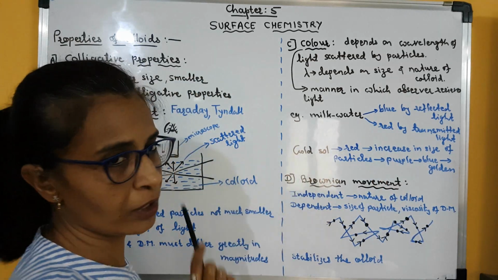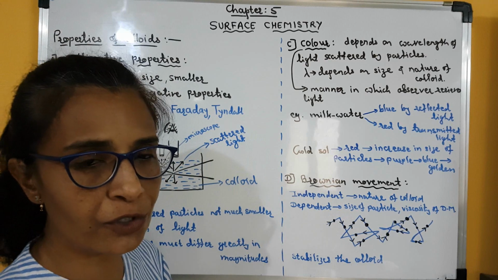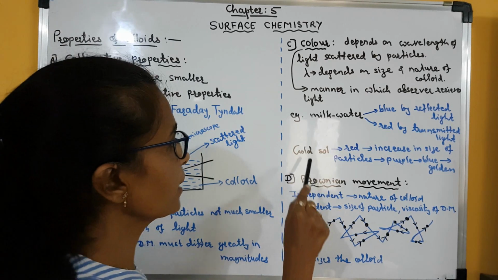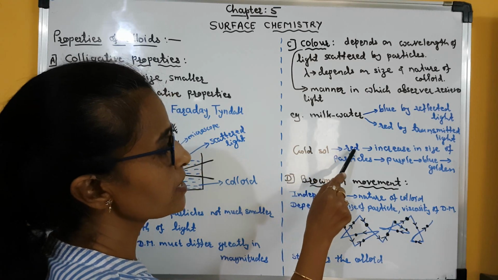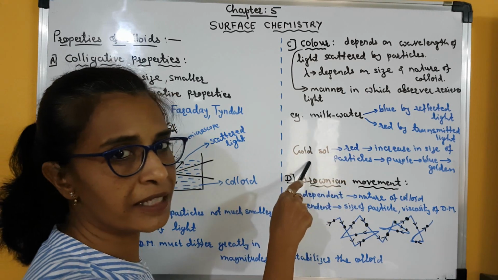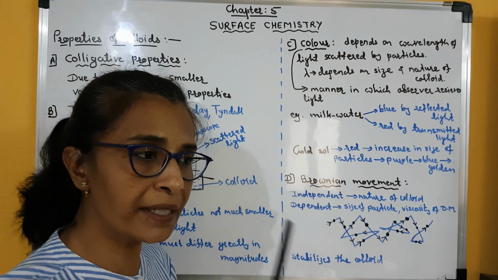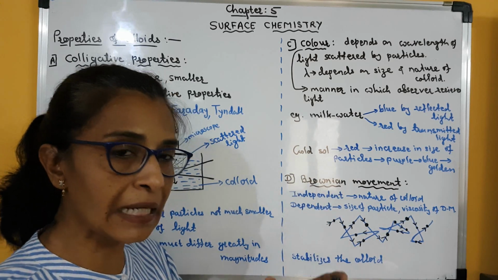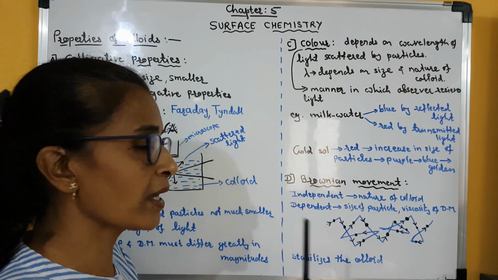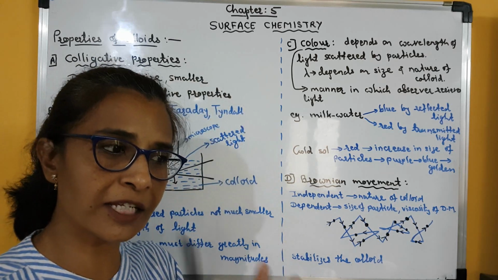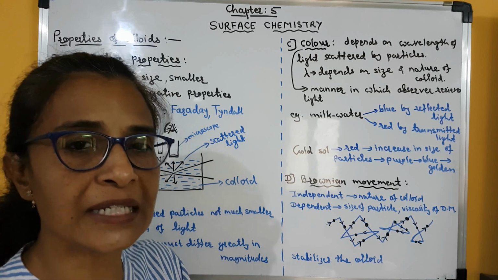Similarly, gold sol. The preparation of gold sol we have studied, it is by Bredig arc method. So gold sol is red in color. As the particle size increases, the very fine gold particles aggregate and get converted into bigger size particles, and these particles are of colloidal size.